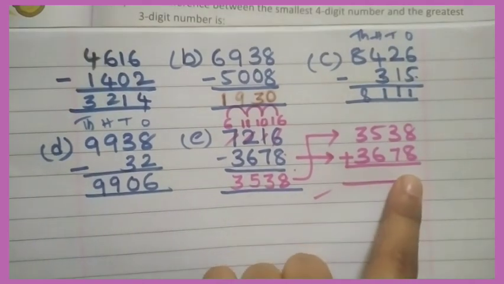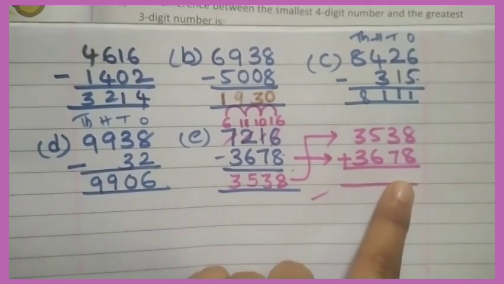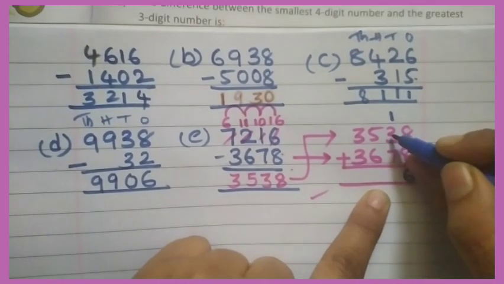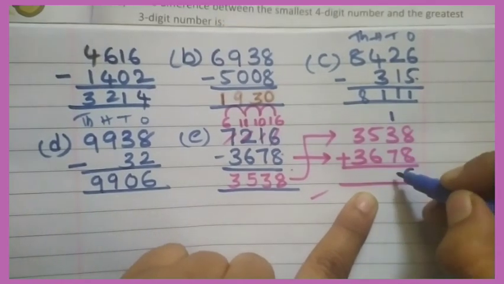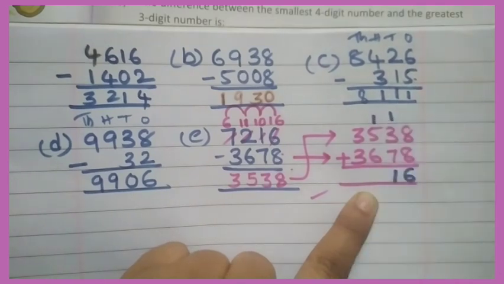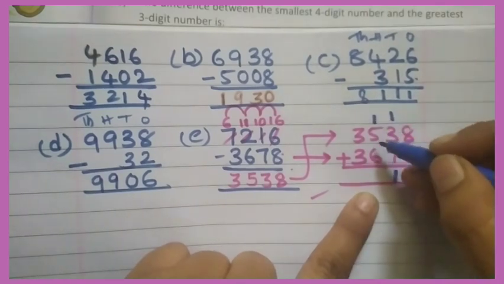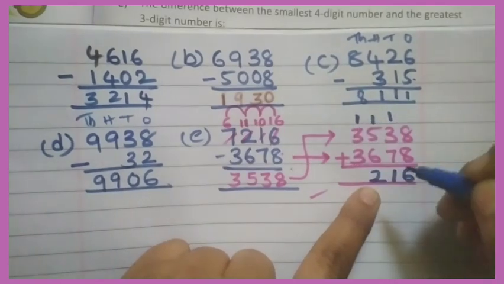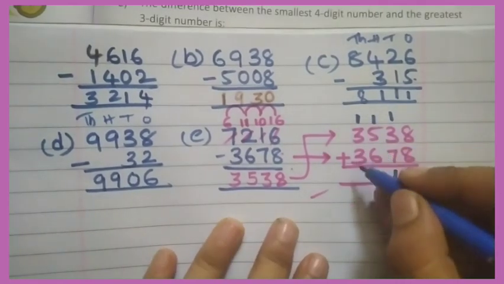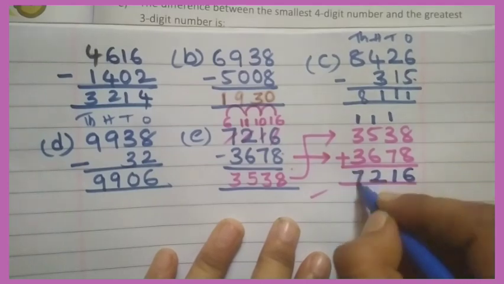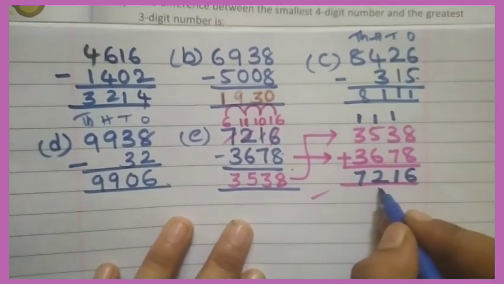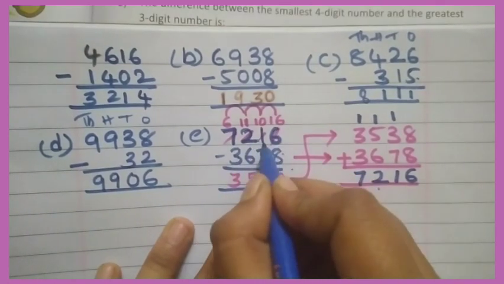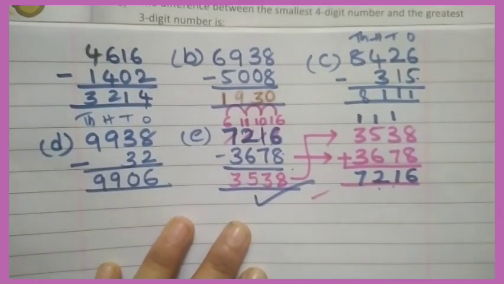Now 8 plus 8 is 16. 6 here, 1 taken as carry. 1 plus 3, 4. 4 plus 7, 11. 1 here, 1 taken as carry. 1 plus 5, 6. 6 plus 6, 12. 1 here, 2 will be here. 1 plus 3, 4. 4 plus 3, 7. Therefore 7216. Look here, 7216 is the same as the original. So this answer is correct.